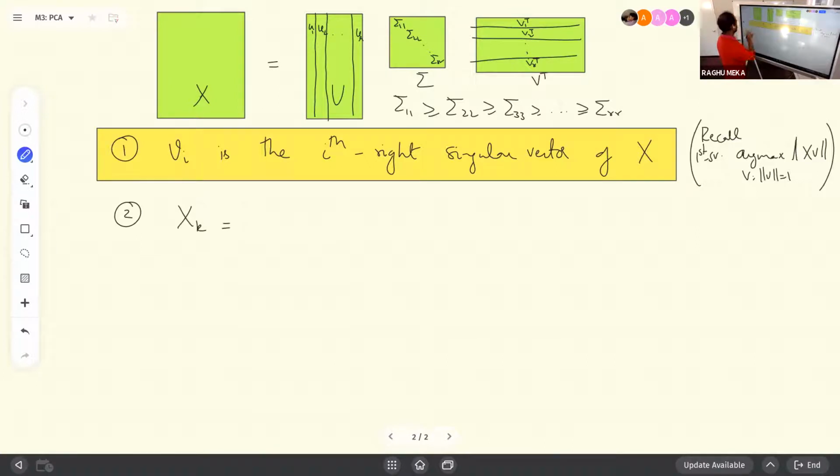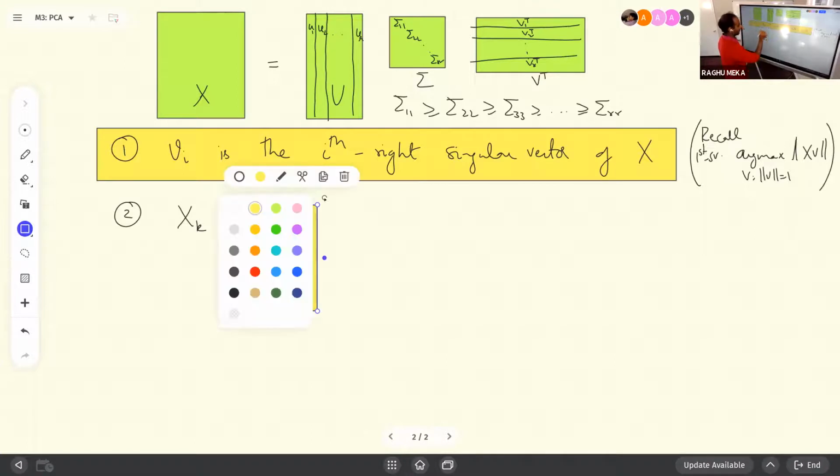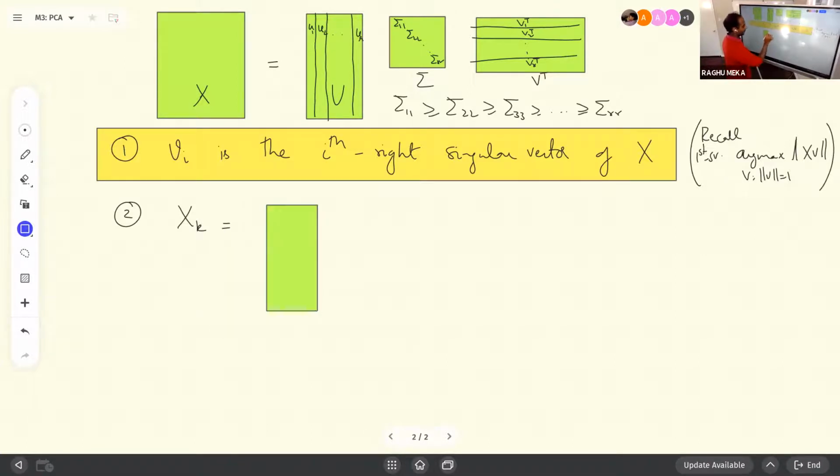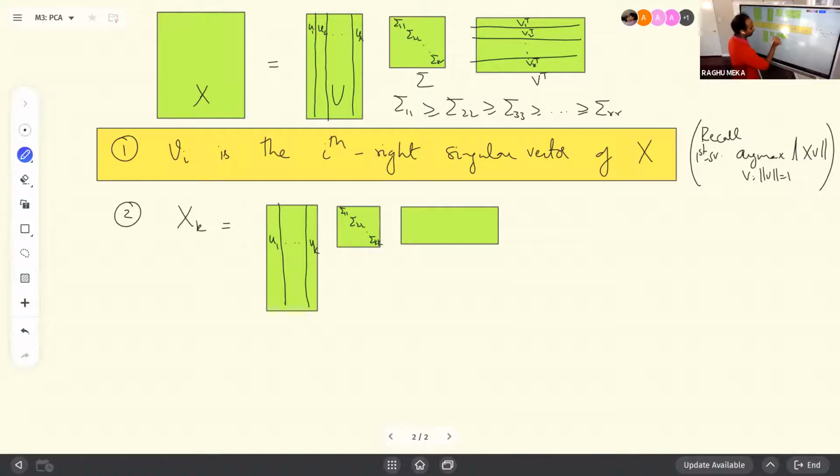Xk equals: I take only the first k columns of U and the first k entries of sigma and the first k rows of the rightmost matrix.